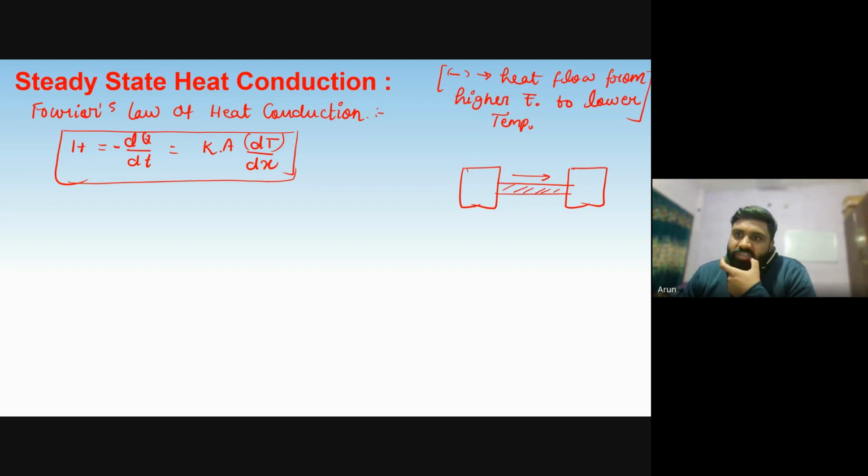But when the difference of temperature is not so high, in that case the rate of heat flow we will call the steady state heat flow. For that we can say dq by dt is equal to K A dT by dx. Okay, got it.